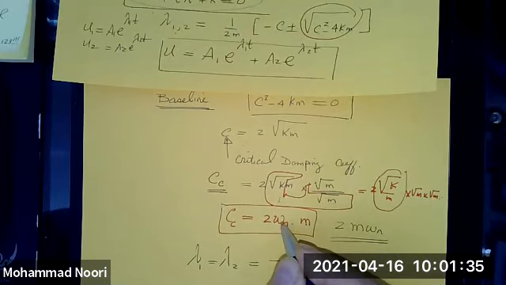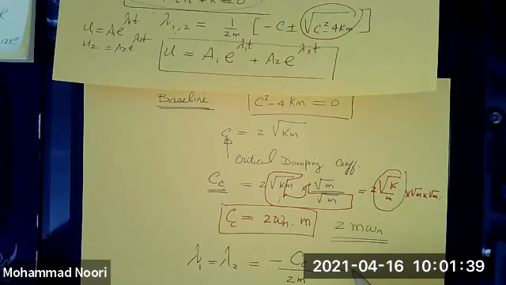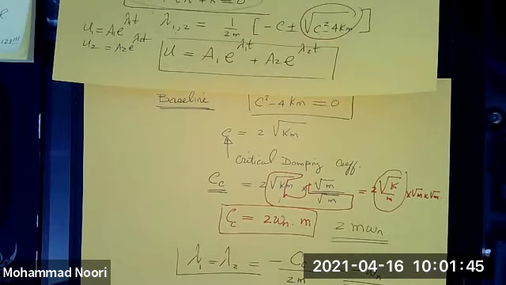C sub c is 2m omega n. So these two roots would be simply negative omega n. And we call this case a critically damped system.